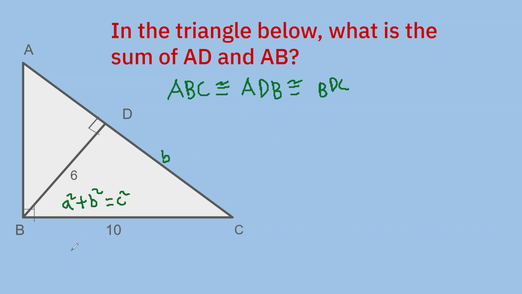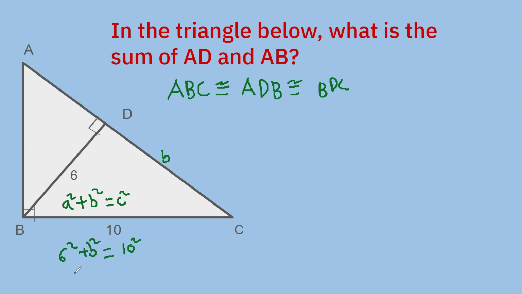So then I'll write it right below, 6 squared plus b squared. And you don't have to use b. You could use x, y, j, whatever letter you want, right? But I'm using b here, lowercase b. 6 squared plus b squared equals 10 squared.